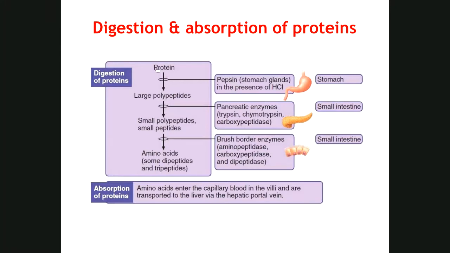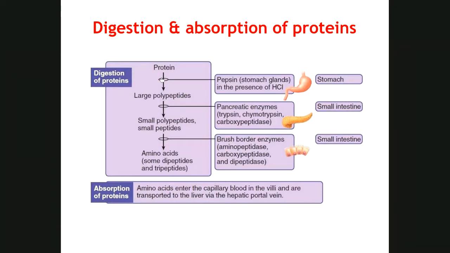From the stomach, the pepsin and the hydrochloric acid both play a role in digestion, while in the small intestine, the pancreatic enzymes trypsin, chymotrypsin, and carboxypeptidase are proteolytic enzymes. And then in the small intestine we have the brush border enzymes that will also be released: aminopeptidase, carboxypeptidase, and dipeptidase. So all of these three steps are important.